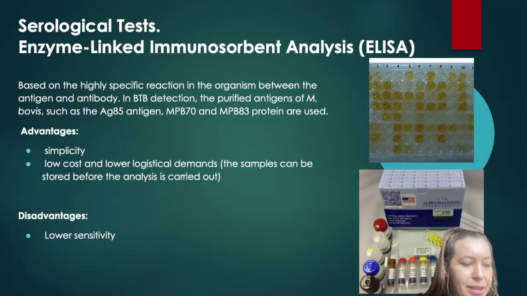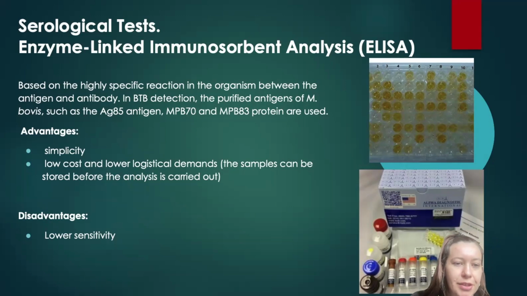In Mycobacterium bovis, purified antigens are used, such as the AG85 antigen, which comprises the majority of secreted proteins. Also, MPB70 and MPB83 proteins are used.